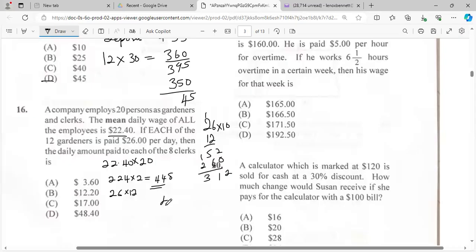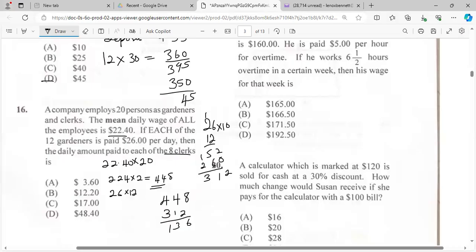So all we have to do now is just subtract 312 from this, which will give you the aggregate for the next one, and then we divide it by whatever. So that leaves 136 divided by 8.